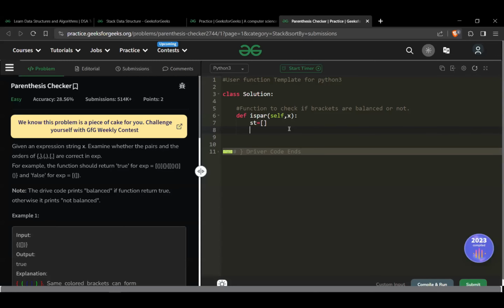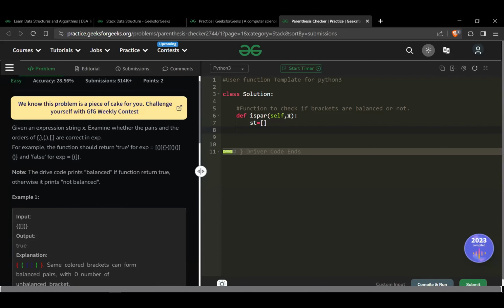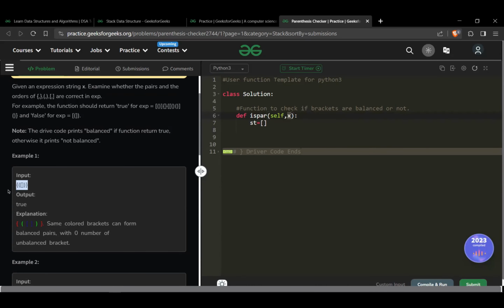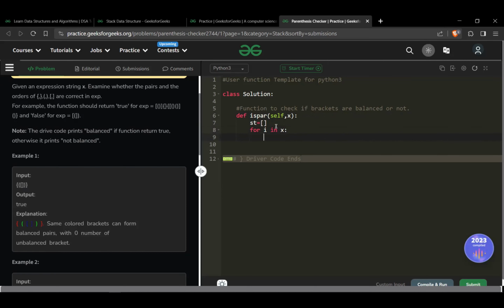Hi everyone, so let us solve this question in code. So what we need to do is that they have given the string x, which is nothing but this expression, and we need to check it using the stack. So we will iterate through the string, and we will check three conditions: whether the current input symbol is this one and the stack top is the opposite of this, which is nothing but this one.